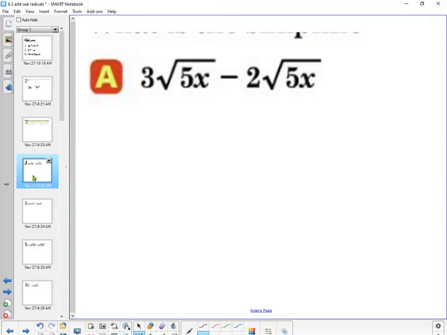That means I can subtract the coefficients, the numbers up front. If I have 3 of these radical 5x's and I take 2 of them away, I would have 1 left. So I would have 1 radical 5x. Do I have to put the 1 there? No. So they work the same.